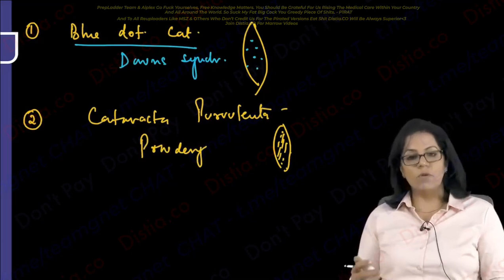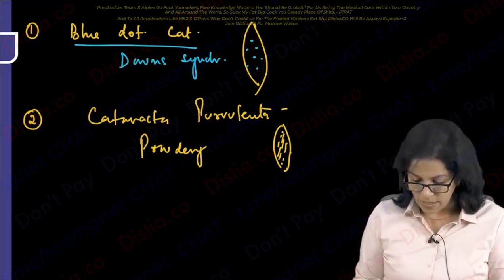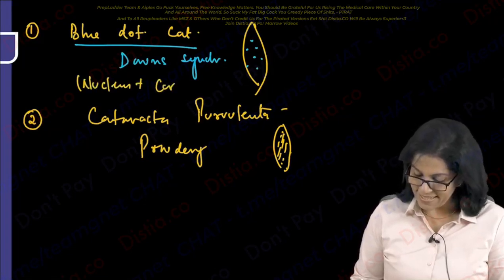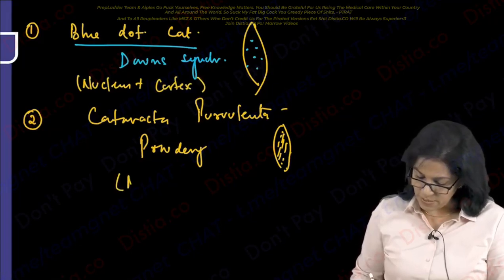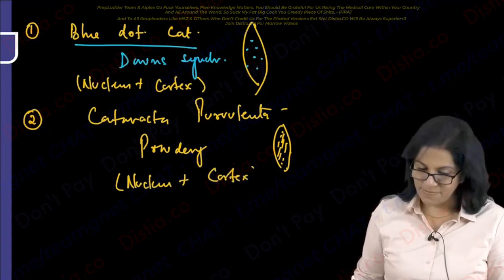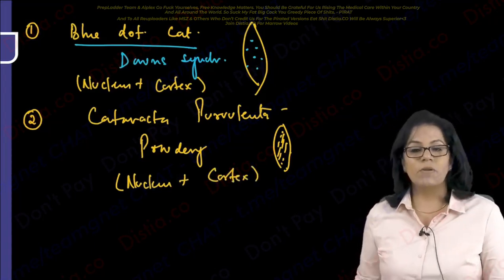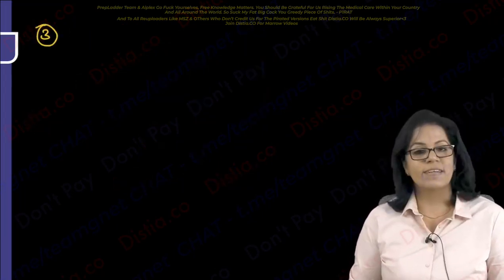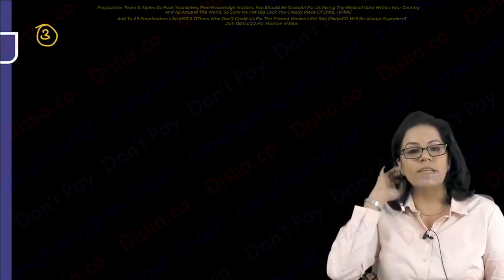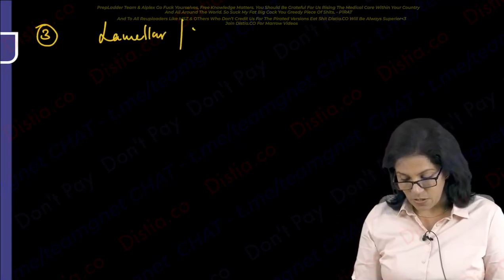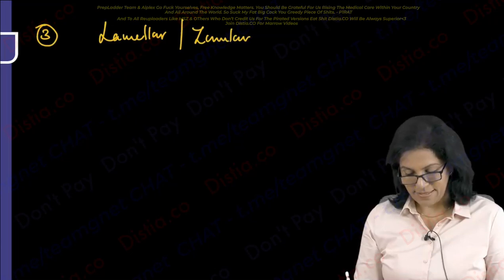Now, even blue dot is including both nucleus and cortex. And in pulverulenta also it is both nucleus and cortex which are affected. Okay, we all know the parts of the nucleus of the lens. We come to the third type of cataractous opacity, which is very important, is lamellar. We also call it zonular cataract.